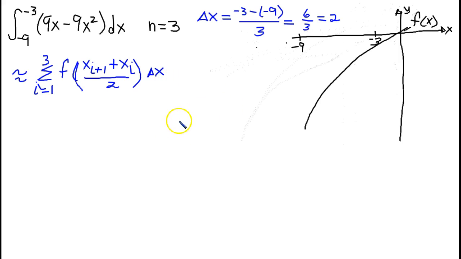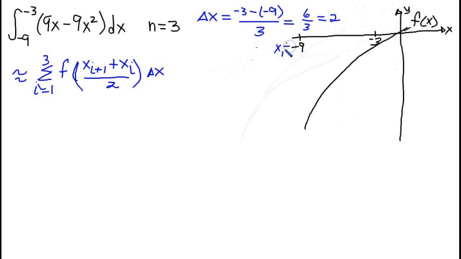What does this mean? (x sub i plus 1 plus x sub i) over 2 gives us the midpoint of the interval with endpoints x sub i and x sub i plus 1. For example, if i were equal to 1, x sub i plus 1 is going to be x2, so if I wanted to find the midpoint between x1 and x2, this formula will give it to me.